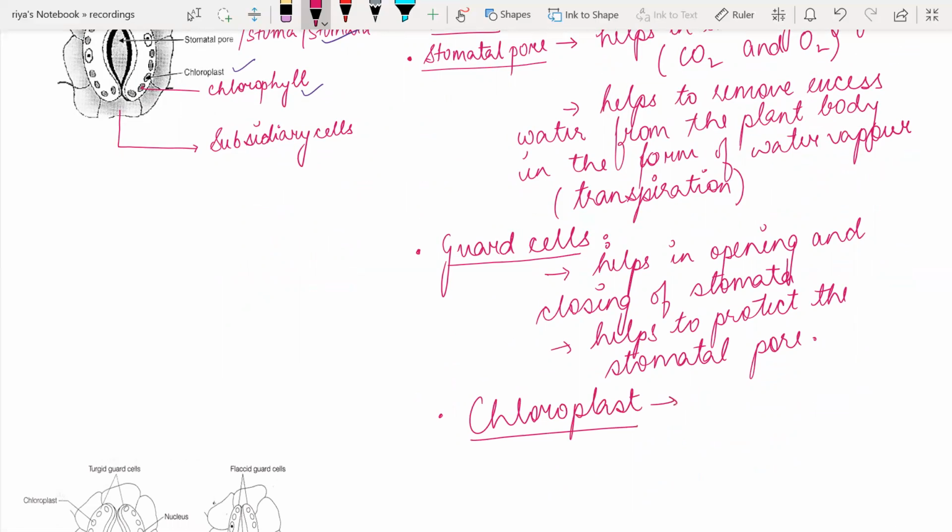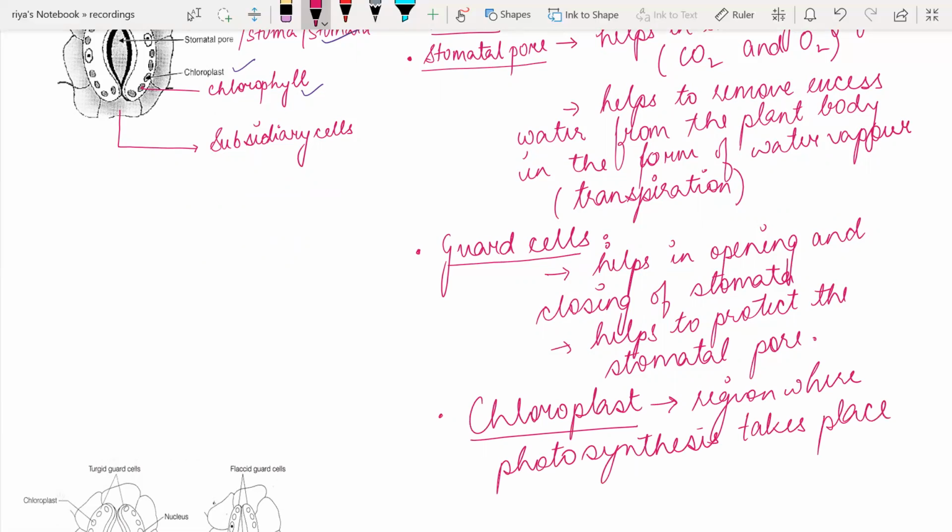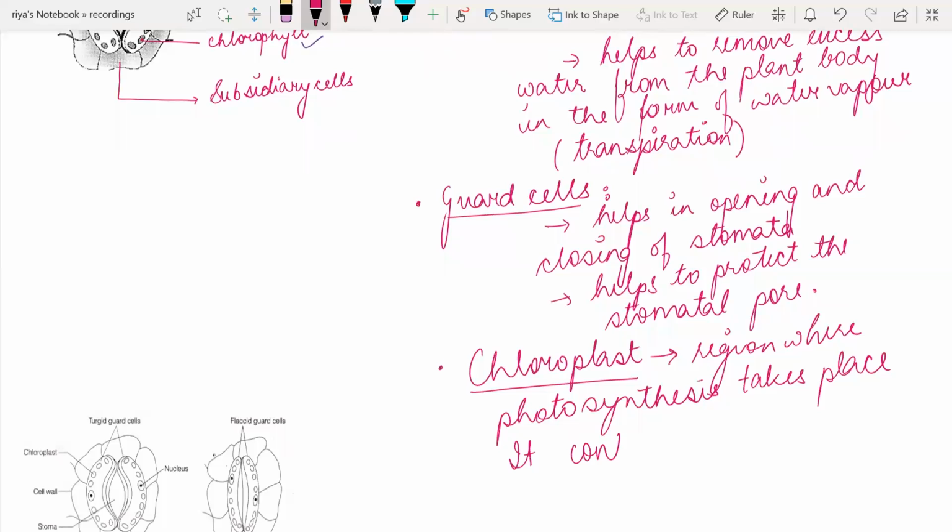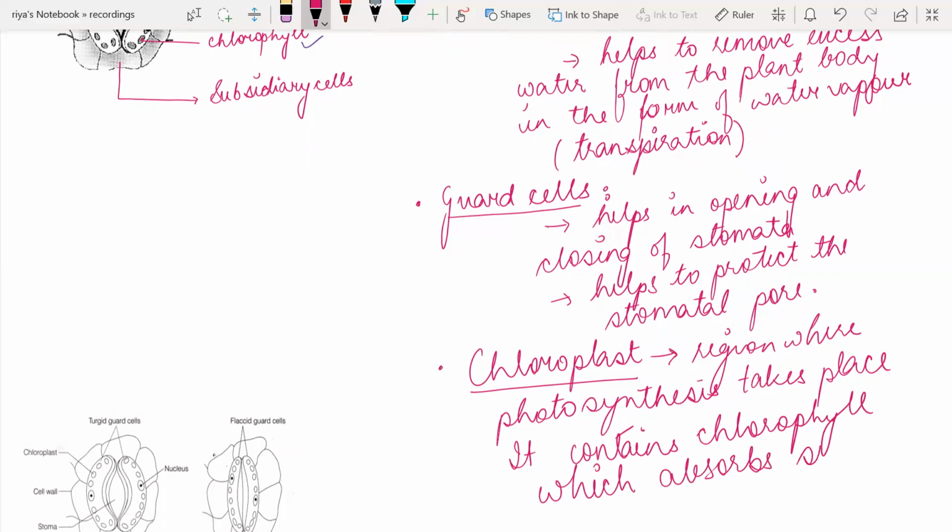So we can say chloroplast is that region where photosynthesis takes place because it contains the green pigment chlorophyll, which absorbs sunlight.